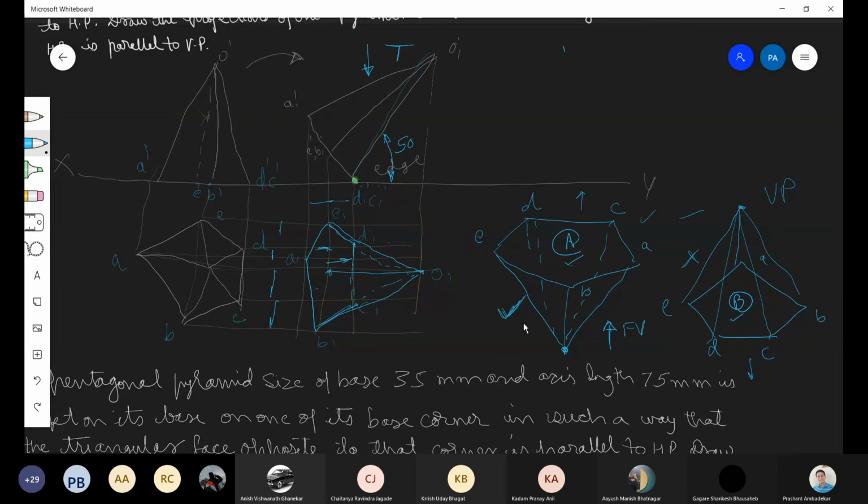So in this case, all of you have to draw this only. If you draw this, then it will be wrong. Why wrong? Because here the apex is near the observer and the base is near the observer. Okay?